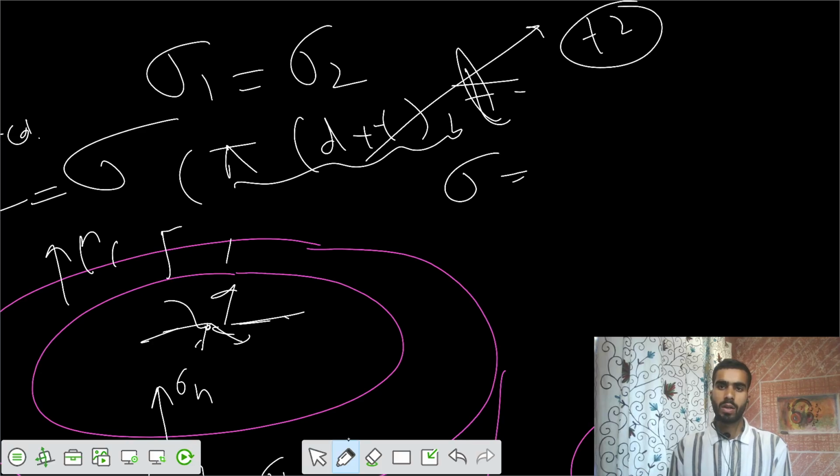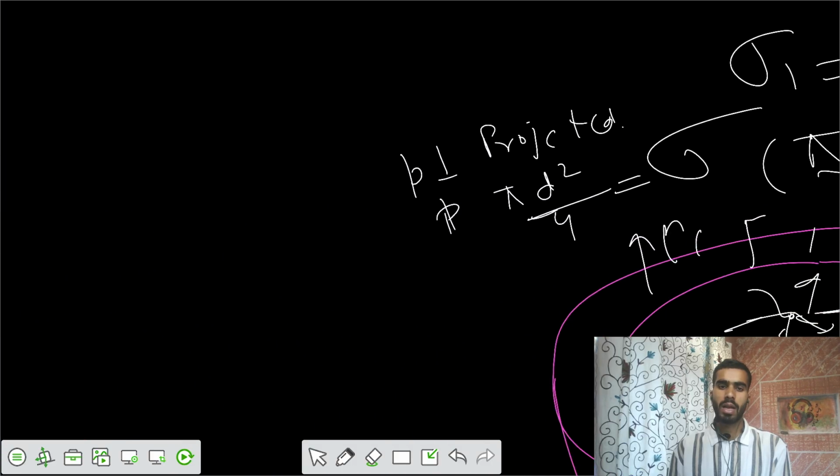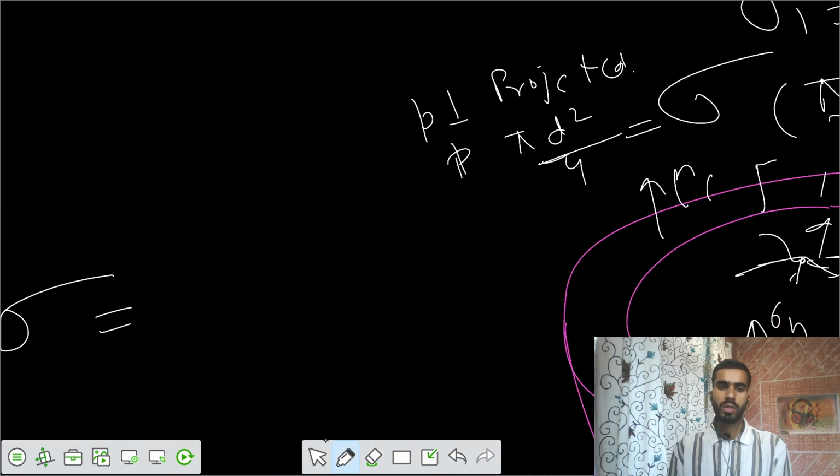We can ignore t square with respect to dt, as it is lesser. So finally, in a similar manner, sigma equals PD by 40.